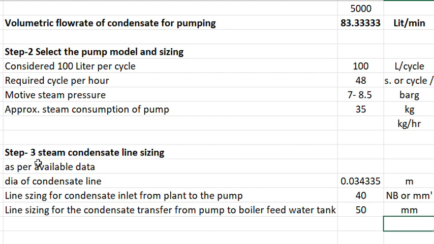To size it, as I have already explained, we need data like the inlet motive pressure, back pressure, vertical lift, pressure in the return header and any frictional losses. Based on that we can calculate the pump capacity and the line sizing. I guess you got the clarity on how to calculate the pump flow rate and the line sizing.